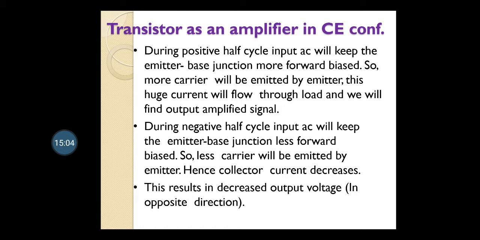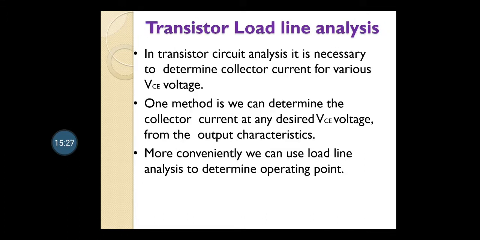But in the negative half cycle, the current is decreasing. The input AC signal will go on decreasing to the negative peak value, and then again it will go on increasing. So it becomes more negative, and there will be a decrease in the collector current at the output as well. The result is that the output voltage will decrease but in the opposite direction. That is, a phase shift will take place.